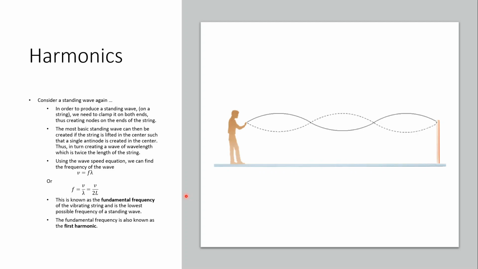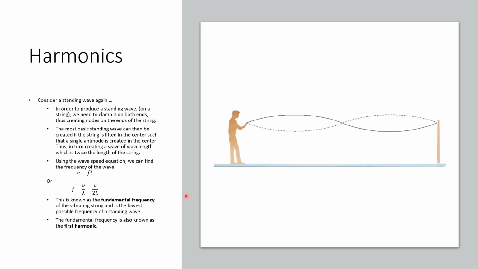And once you release it, through the principle of superposition, this string or wire would oscillate about its position, and that would create a standing wave. Now, there were multiple ways of doing this. The other way was to push it up and create an antinode around here, and then push it down from here, and you create this little sine wave. So you've created two antinodes, and in doing so, you've created a third node here.